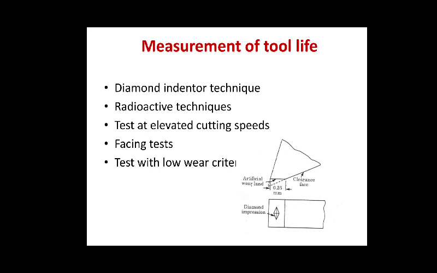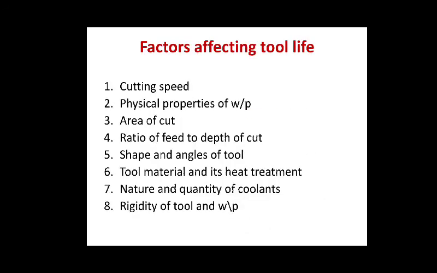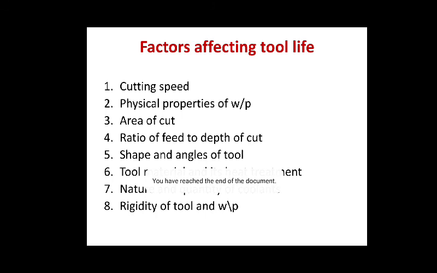Now the factors affecting tool life: cutting speed, physical properties of workpiece, area of cut, ratio of feed to depth of cut, shape and angles of tool, tool material and heat treatment, nature and quantity of coolants, rigidity of tool and workpiece.